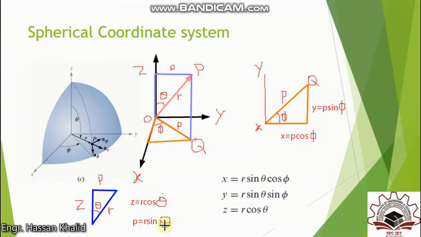After evaluating all these equations, I can easily relate my rectangular coordinate system with the spherical coordinate system, because I have found the values of x, y and z in terms of the spherical coordinates. It means that any point in the spherical coordinate system can be translated into x, y and z. We can also reverse these equations to find the values of r, phi and theta representing points in the rectangular coordinate system.